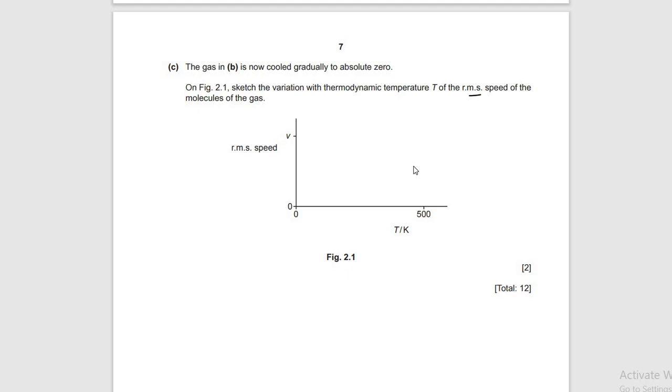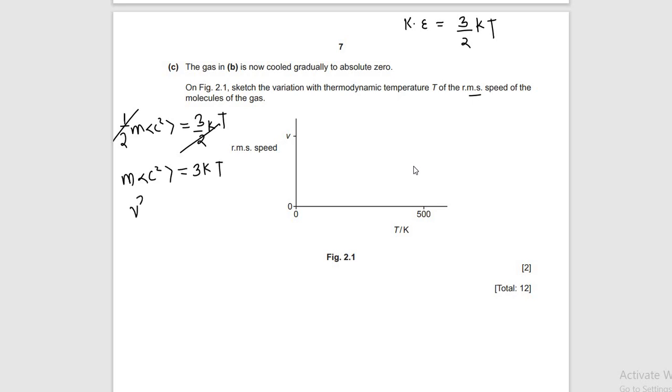I just make use of the formula that kinetic energy equals 3 over 2 kT of a gas molecule, which I now say half mc squared equal to 3 over 2 kT. So half cancels half, and I have mc squared equal to 3 kT.